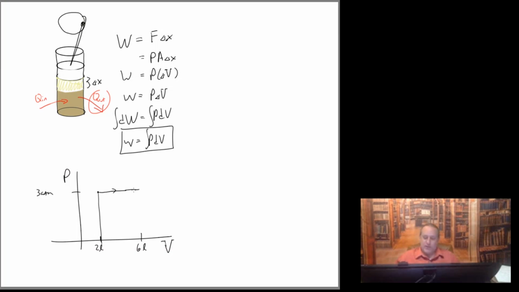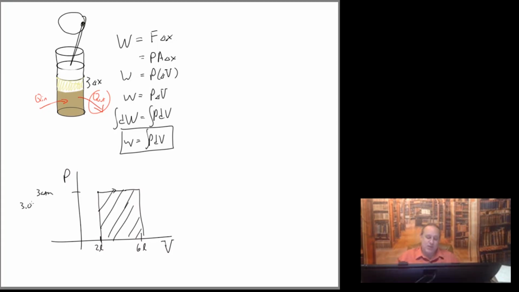Well, it's very straightforward because we just find the area underneath this graph, and since it's an easy graph, it's a rectangle, so the area is just base times height. We want our units to work out and give us joules, so we'd better convert the atmospheres into pascals.